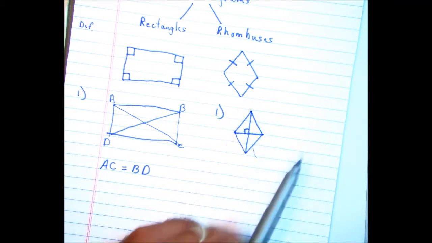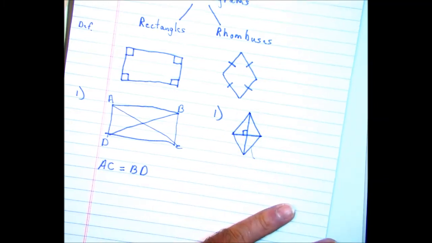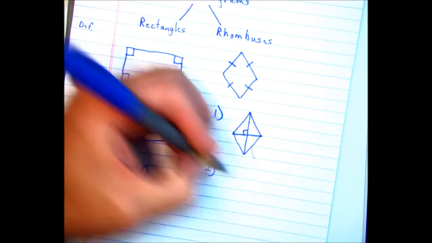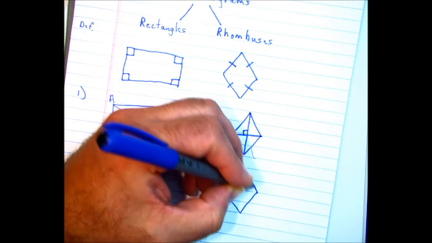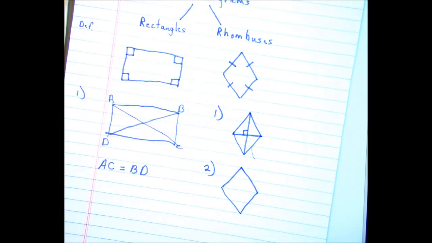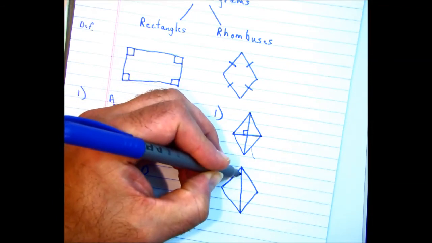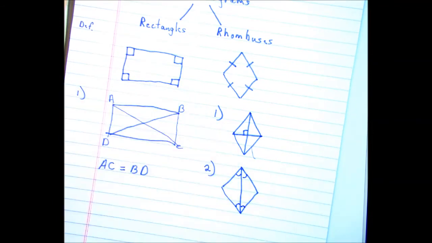So it's important to understand that diagonals are perpendicular. Okay, it makes right triangles, and then you can use right triangle rules to find sides and angle measures and all that good stuff. The second thing that happens is that the diagonals bisect all angles.